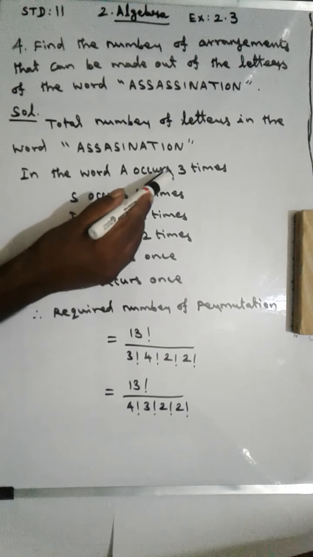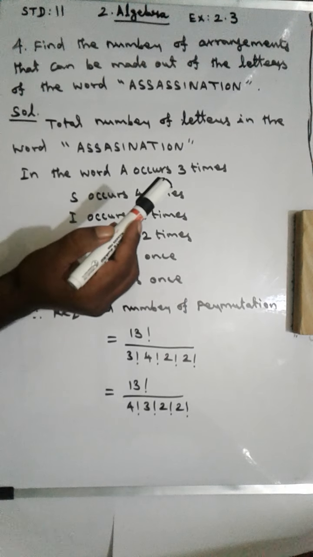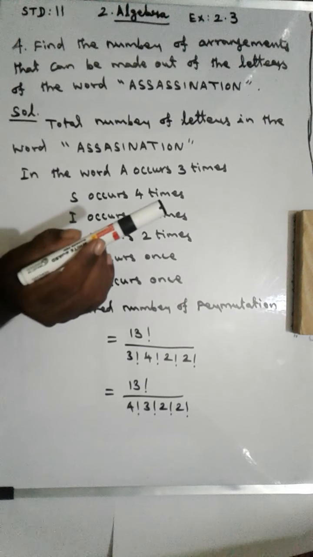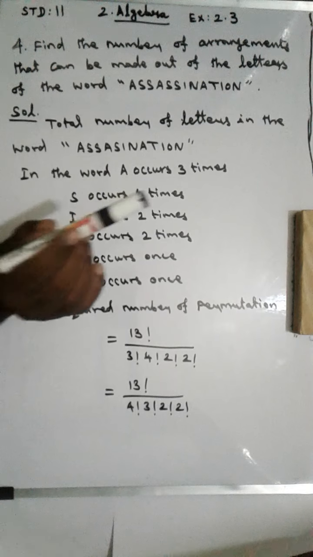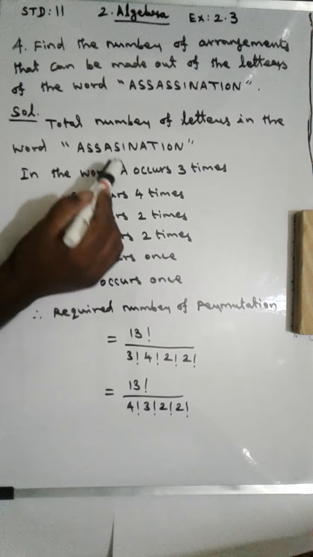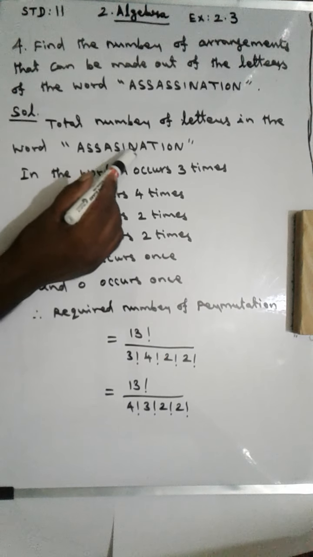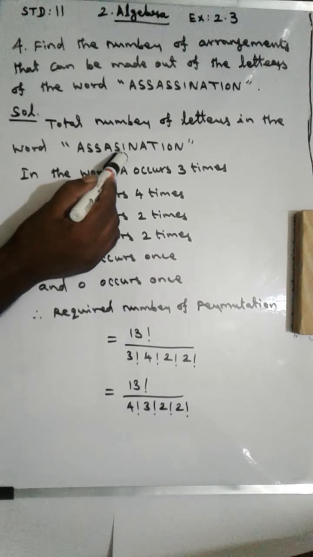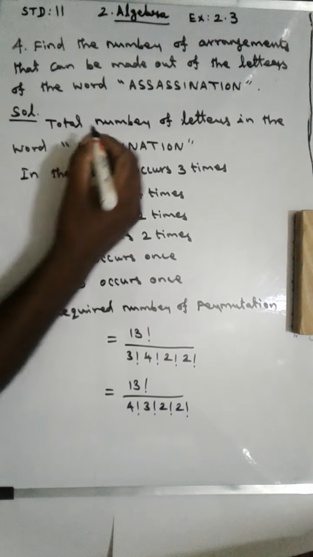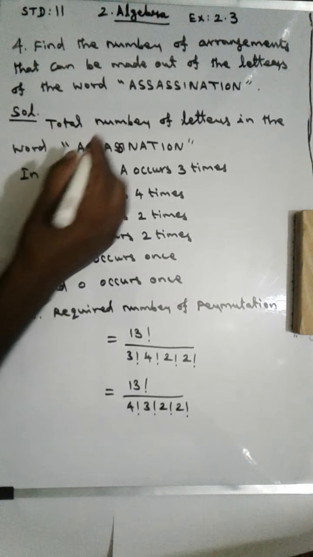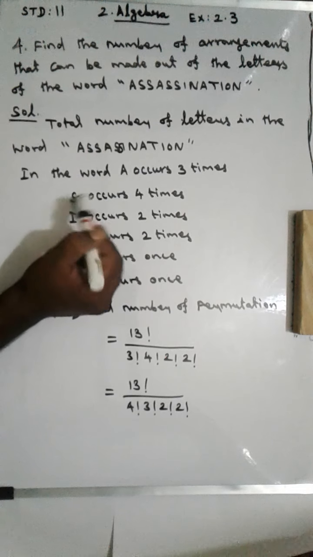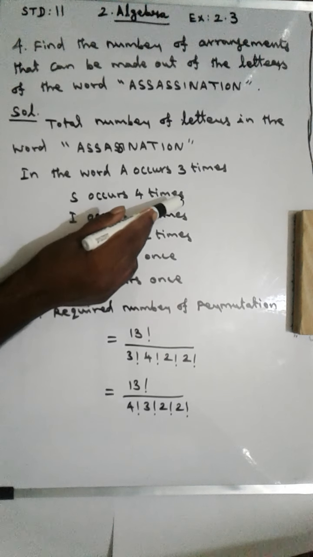In the word, A occurs 3 times. S occurs 3 times, and one more S is missing, so S occurs 4 times.